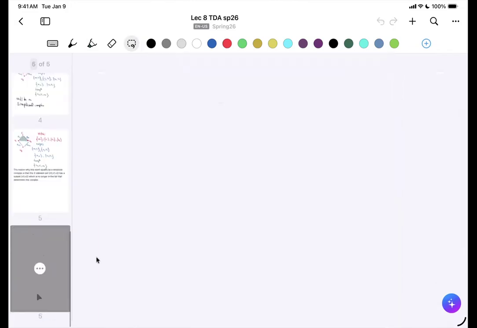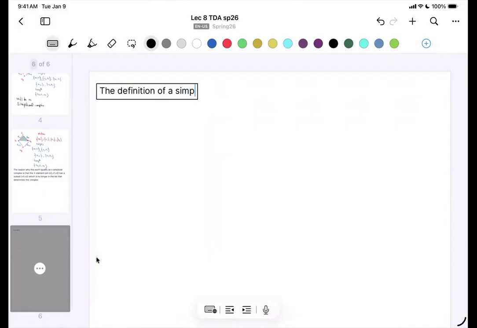Okay, so the definition: a simplicial complex, let me write it like this.